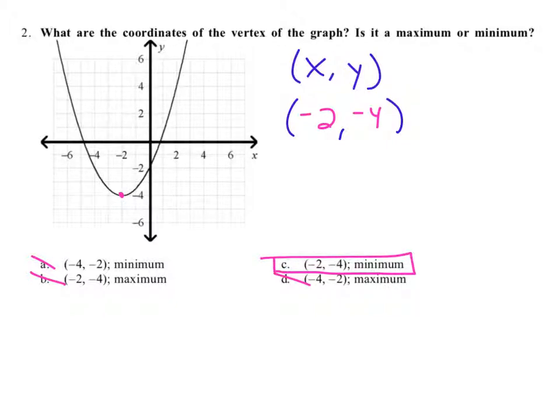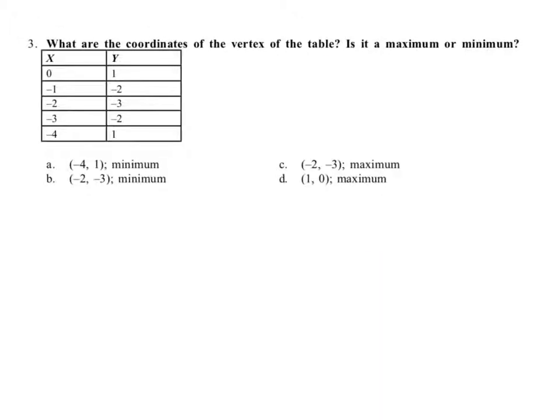Okay, we have one more that's similar but not exact to this. What this one looks like is you don't have a graph now, you have a table. So I've told you this interesting fact, which is that you see these mirrored points.